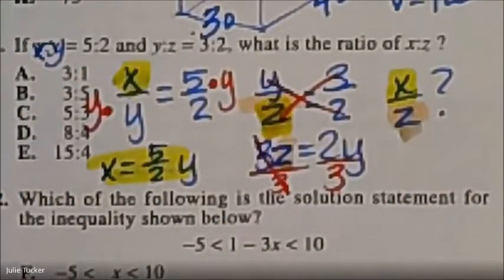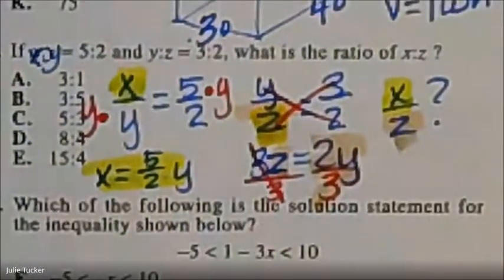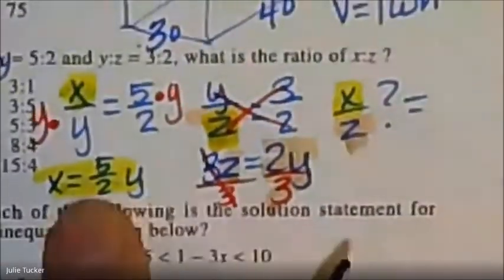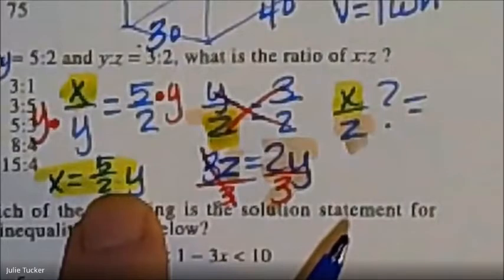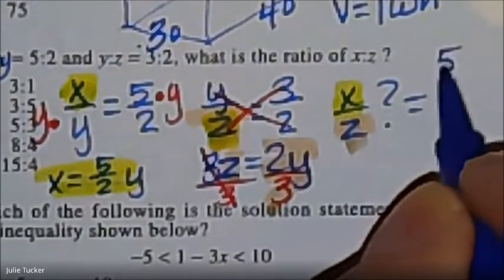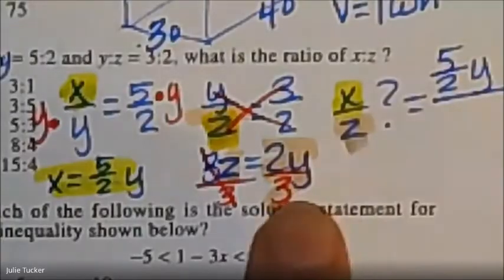Okay. So now we have an expression for z. z is this. So x over z would have to be this x expression, 5 halves y, divided by this z expression, 2/3.